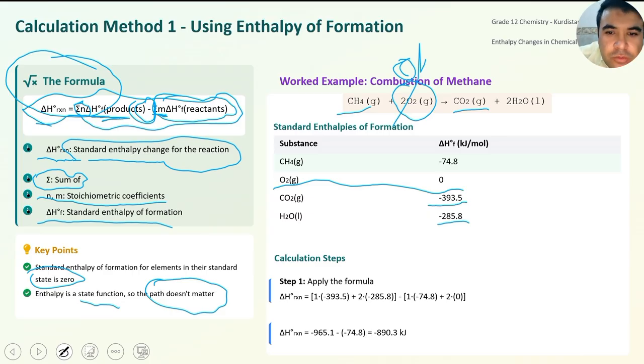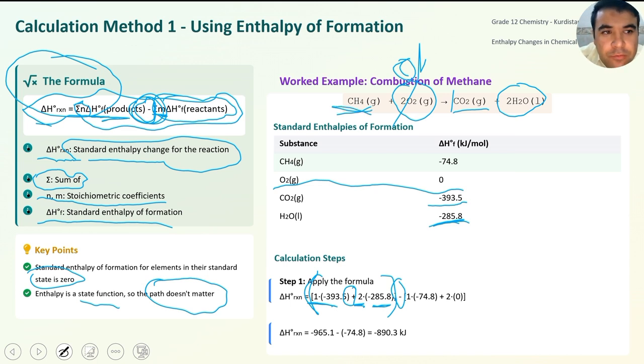For the CO2, it has got minus 393.5, multiplied by 1 because its coefficient is 1, plus what other compounds do we have in the product? H2O. H2O has 2 moles, so 2 multiplied by its enthalpy of formation, and then this is the product, minus, that's the minus in the equation, minus what?